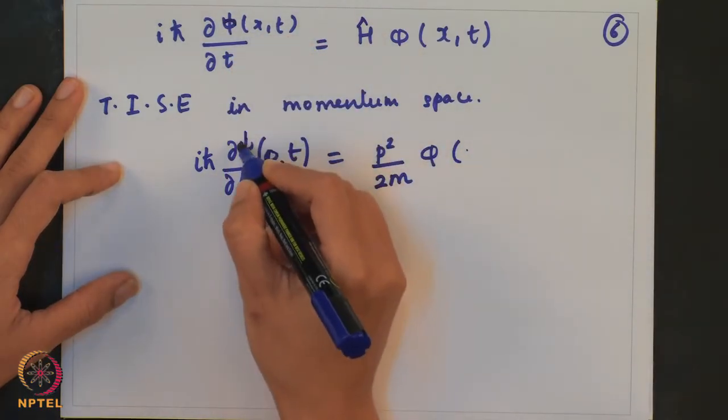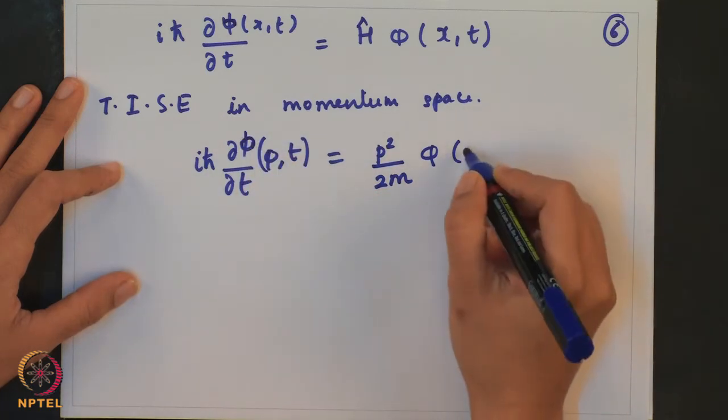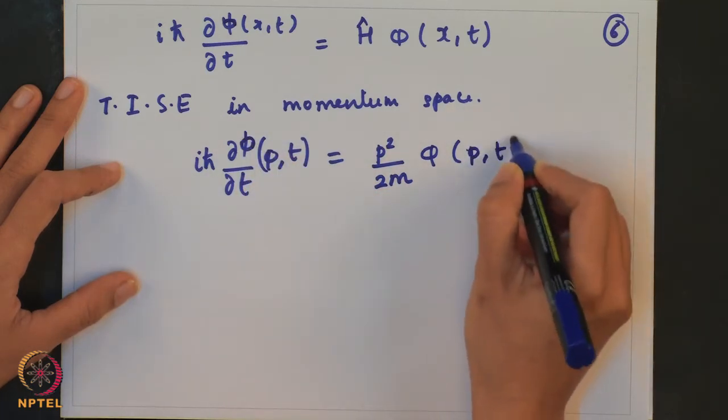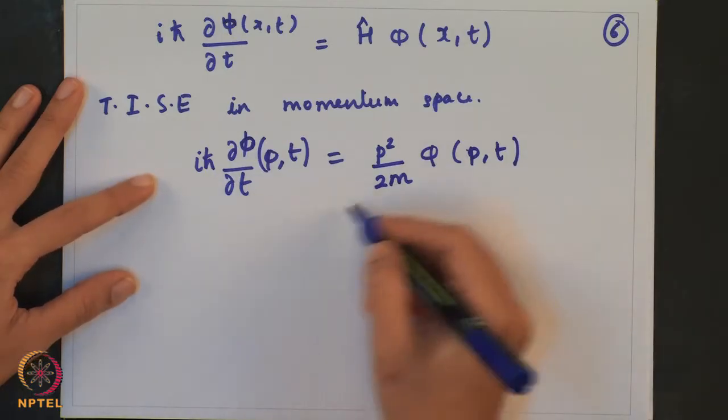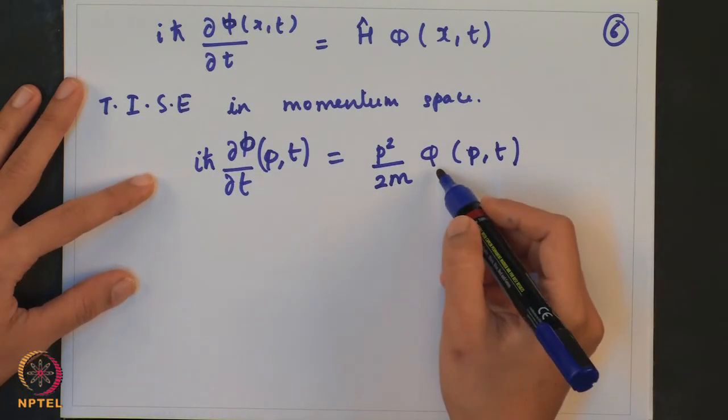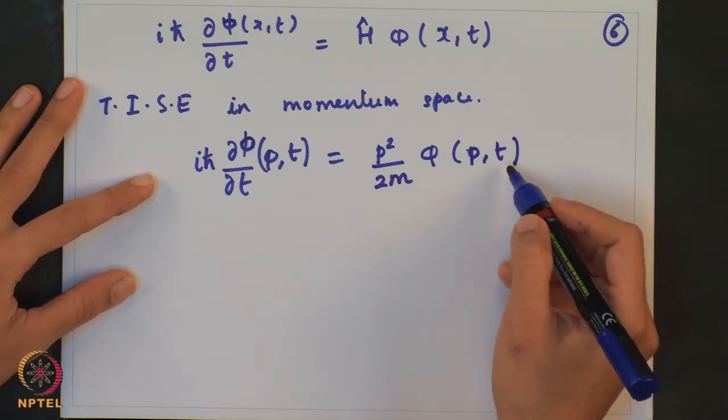Let us use phi throughout, or psi, any one notation. So, i h cross ∂φ/∂t is p squared upon 2m times φ(p,t).